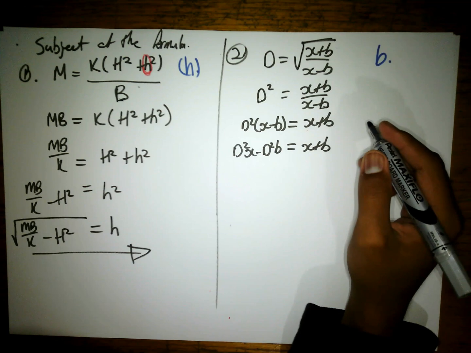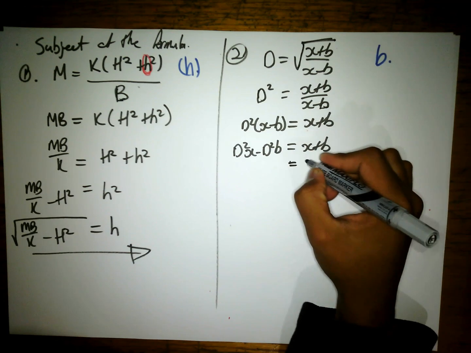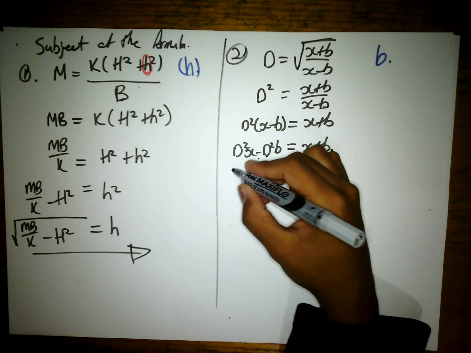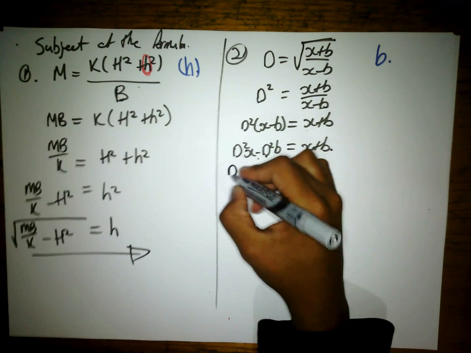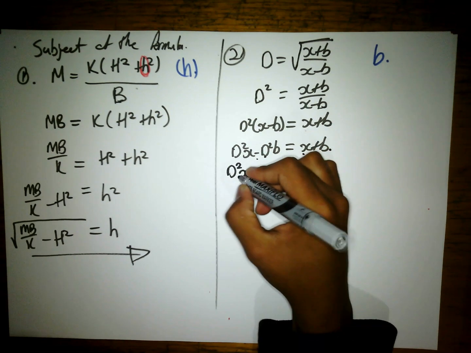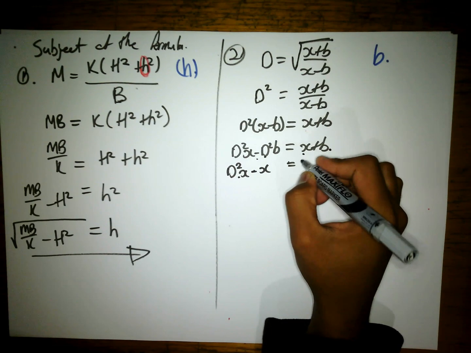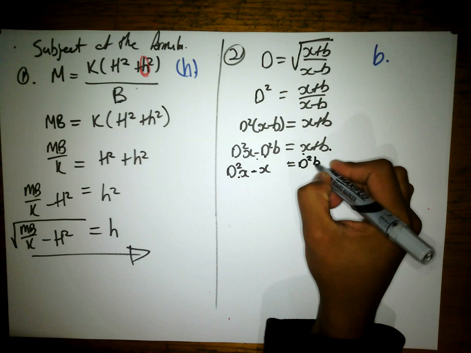Then we bring this one here and that x we bring there. So all the x is one side, all the b is one side. d squared x minus x equals d squared b plus b.